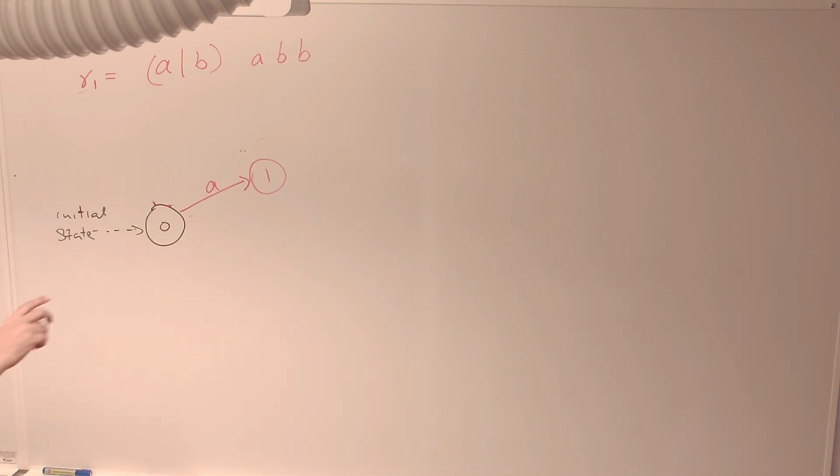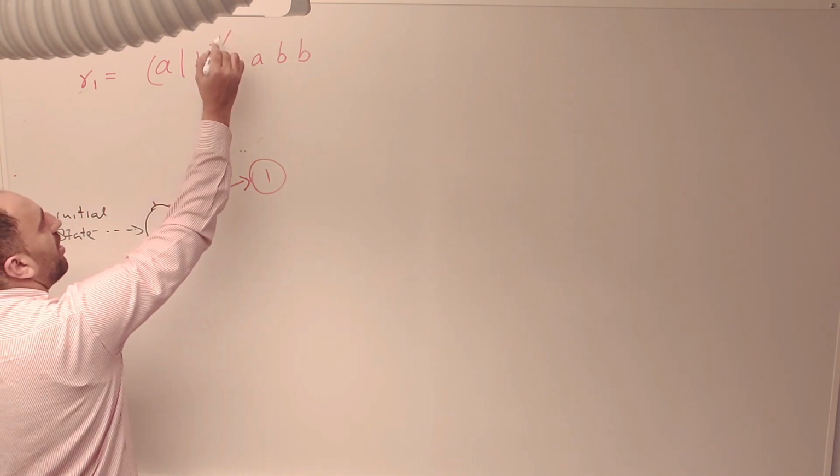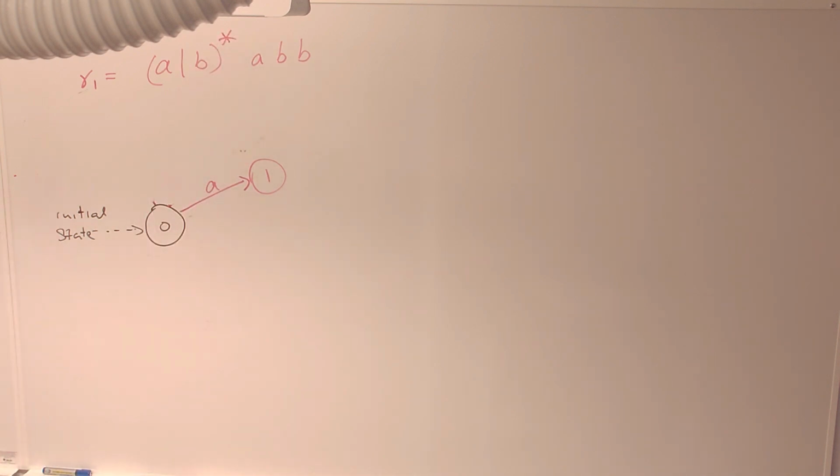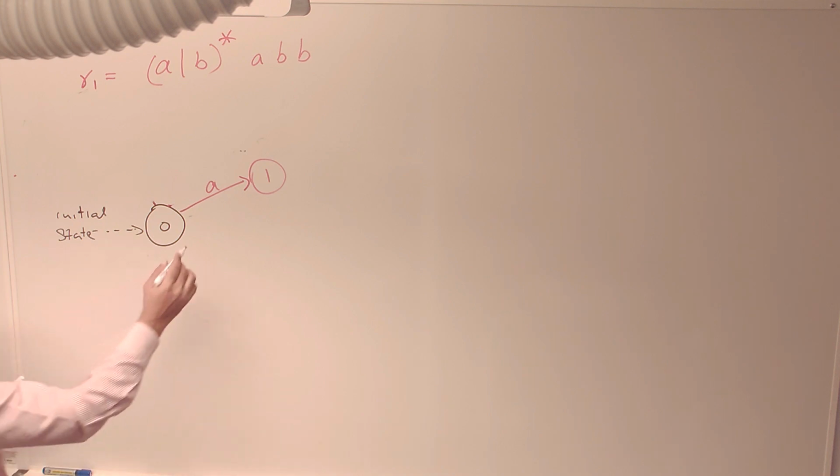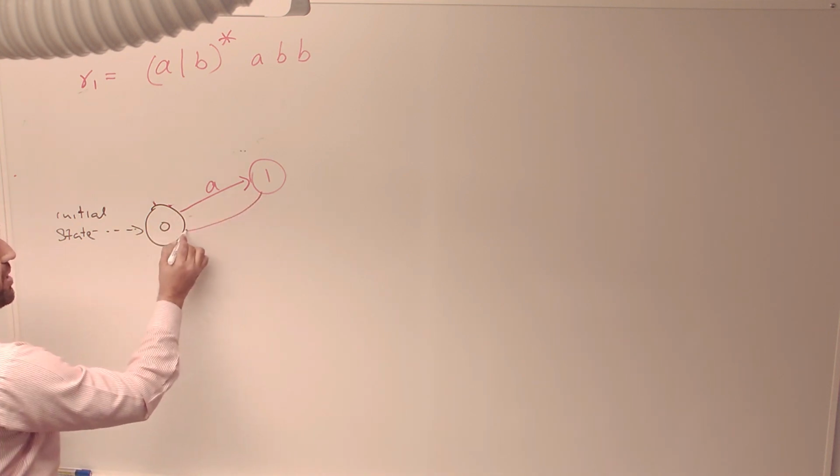But since we have a star, which means that A can come many number of times, to represent this I have to define something like a cycle.